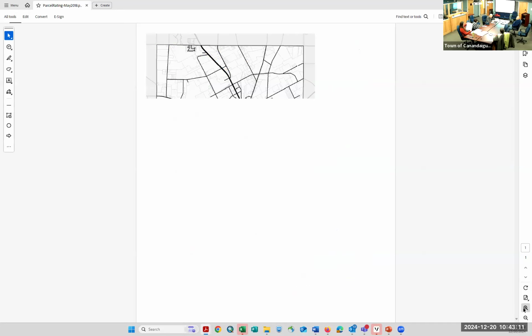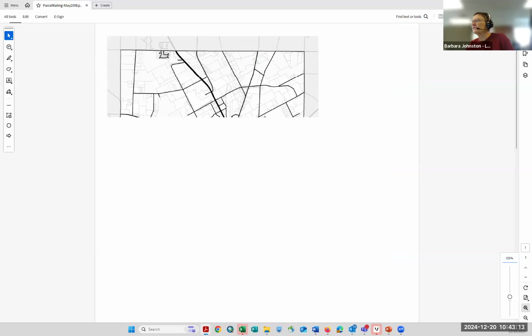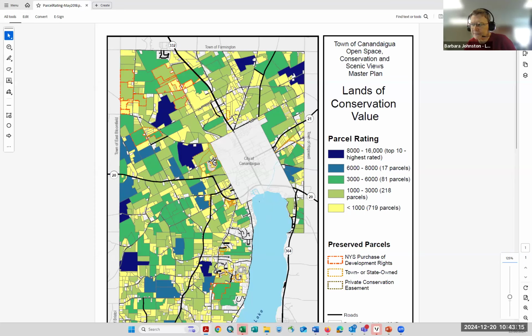So I pulled up the rating from the open space plan, and it doesn't capture any of the small parcels. I have two screens I'm going to toggle here. This is the map that shows all of the parcels, and as you can see, the larger parcels get the highest rating.